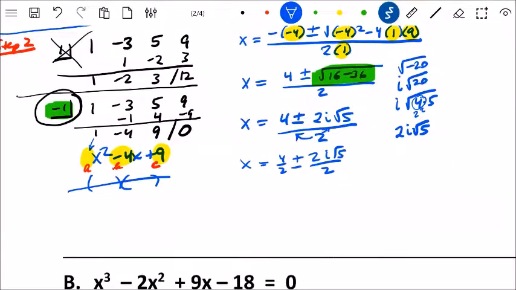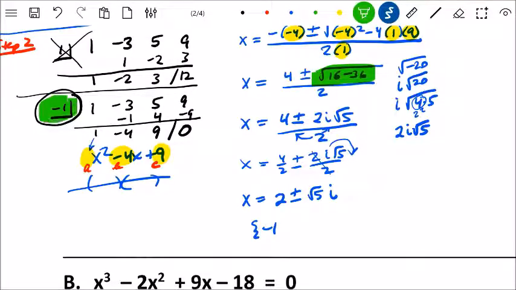And then I can cancel these. 4 over 2 is 2, plus or minus. Now the 2's cancel, but the i has to go in the back. Square root of 5i. And those are 2 more answers. And that gives me now my solutions. So that means I have -1 from over here. And now I have these 2.